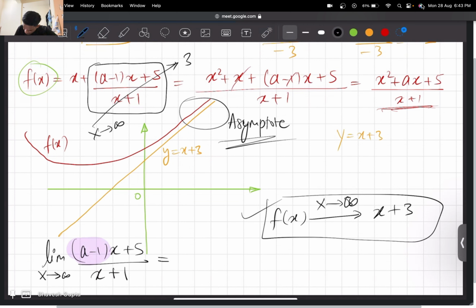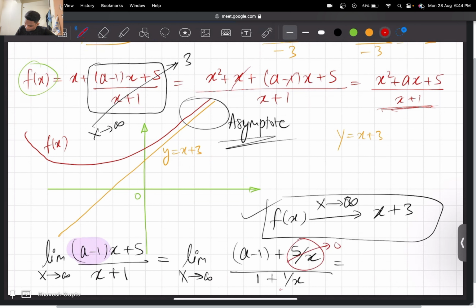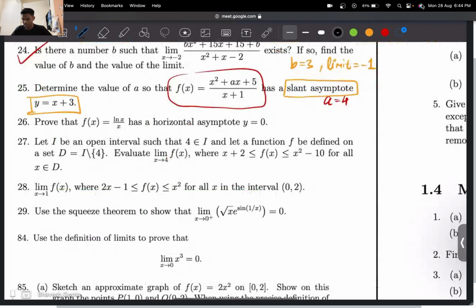Because you can always rewrite this by dividing by x in the numerator and denominator. Now if I take the limit, this whole particular term will become 0. So you're left with a minus 1, which you want to be 3, and hence your a value is 4. And this is what I told you, that the answer is 4 in this case.